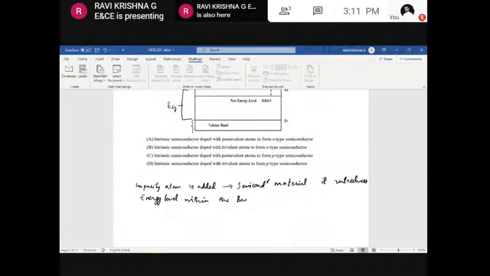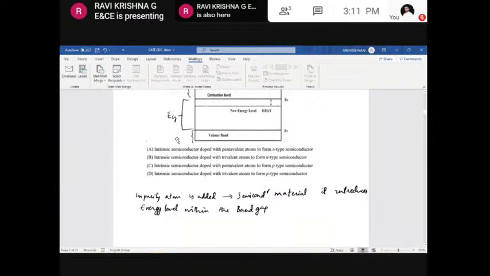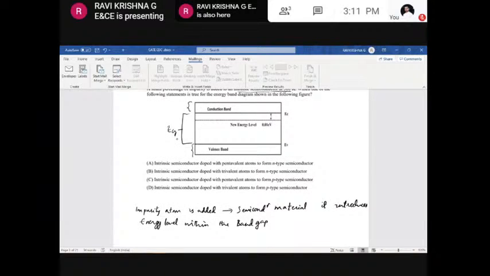That we have seen in the above figure. But if you carefully observe this figure, the introduced energy level is nearer to the conduction band. So, for this particular case, we need to get some conclusion.